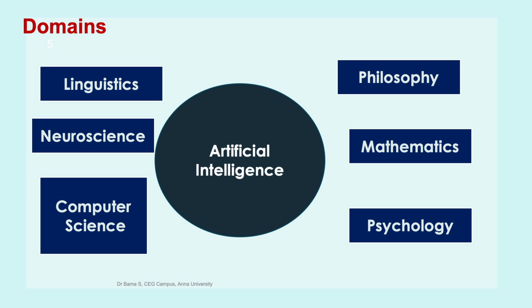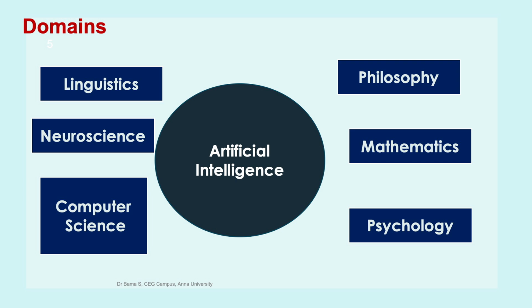And if we look at the domains involved, where artificial intelligence has got its foundations from, there are many domains which contribute to this. The first one is philosophy. Philosophy is the mind and knowledge: how do we get knowledge, and how is the mind related to the brain?